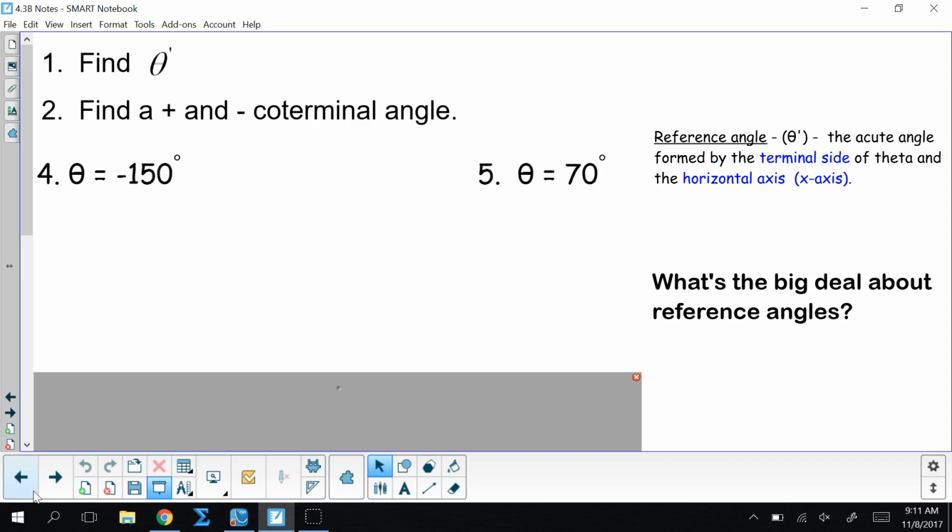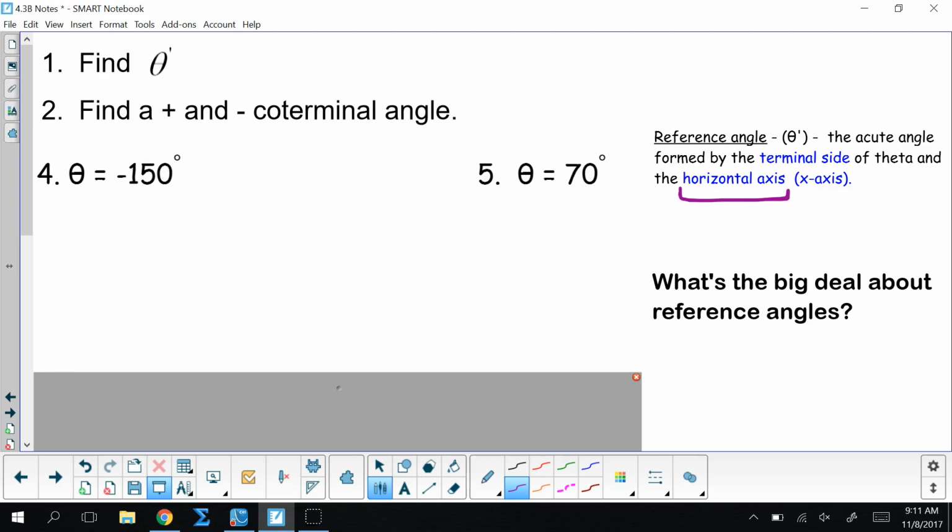I draw your attention to the fact that reference angles, remember, always come off of the horizontal axes. Reference angles always come off the horizontal axes. And it's a way to get the angle into an acute angle, because then everything's positive.